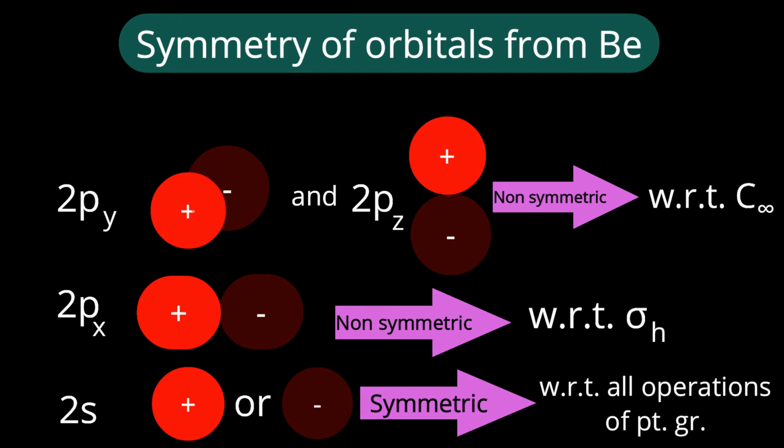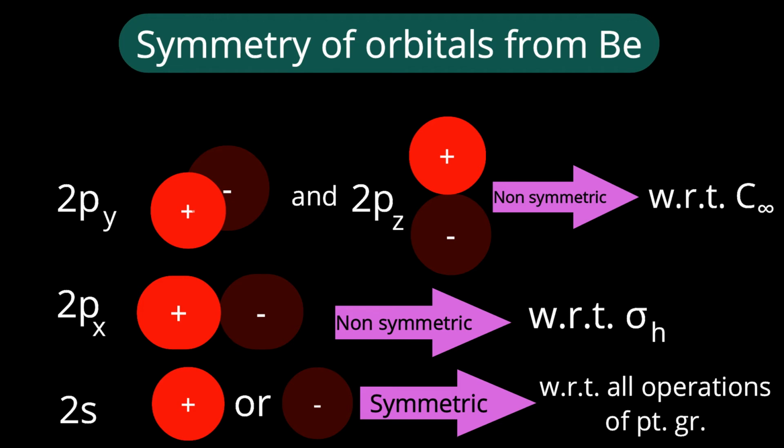If I come across the other orbitals, 2py and 2pz, interestingly, they are not symmetric about the principal axis, the C infinity, because they are not along the bond. They are perpendicular to the C infinity axis. Therefore, 2py and 2pz are not symmetric with respect to C infinity. But such orbitals were not from the group of hydrogens.